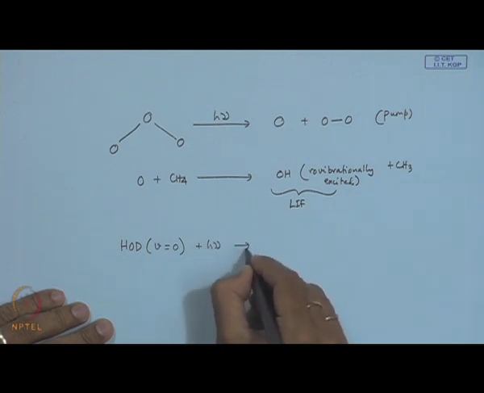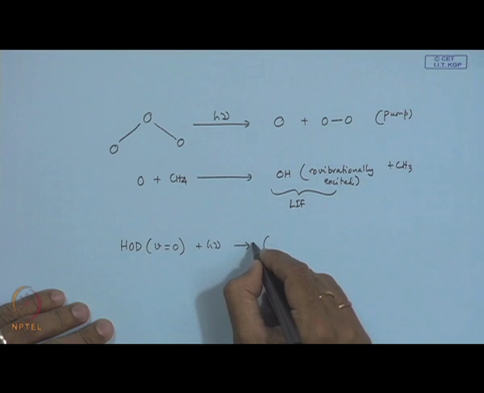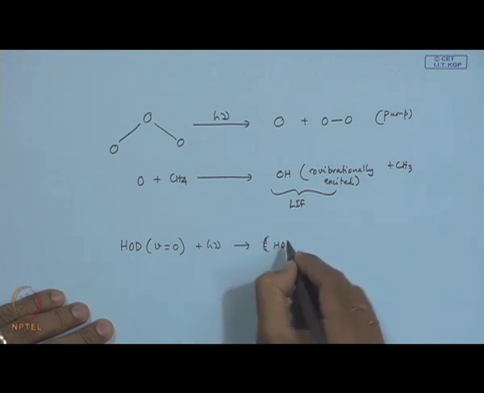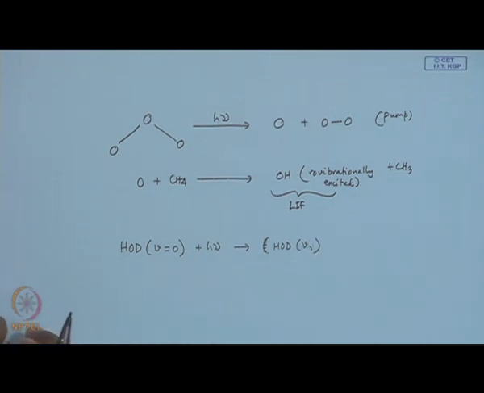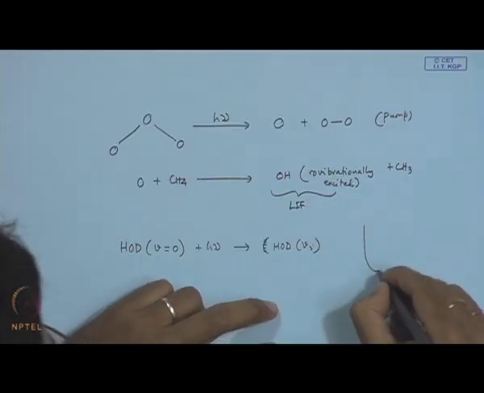So you generate HOD in the ith vibrational level, which means it is vibrationally excited. v equal to 0 means it has only zero point energy.